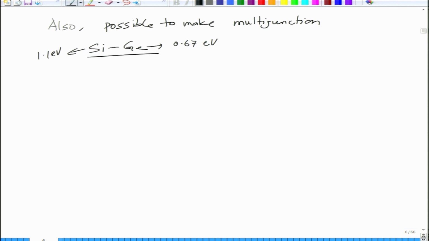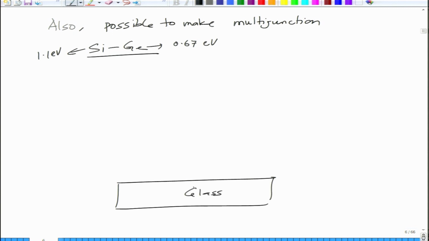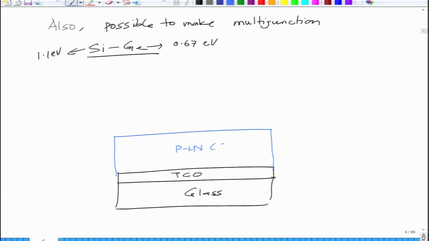So the way you do it is, you have a glass substrate, then you put a TCO, then you put a pin. So this is the first pin that you put of silicon, okay, and then you put an intermediate layer. You can put an intermediate layer, or else you can put another pin.